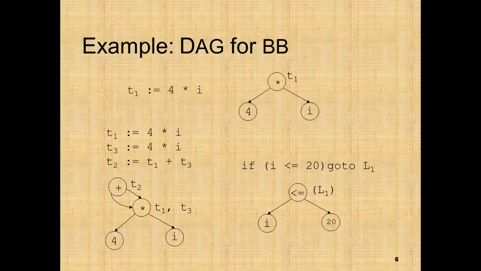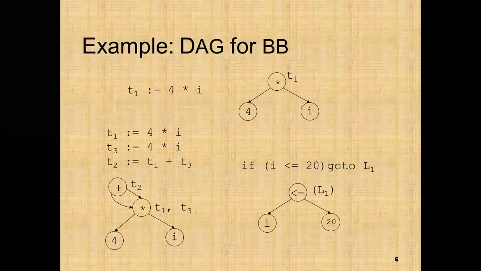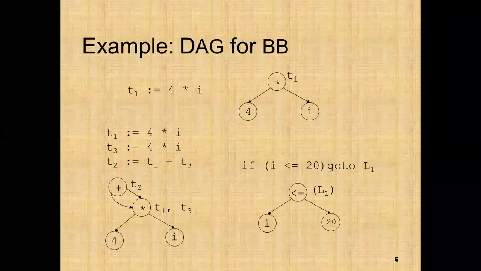This is the if statement, and within the if statement you can see here I less equal to 20. So less equal to 20, then go to L1, jump to L1 here. Now you can see the condition is I less equal to 20.